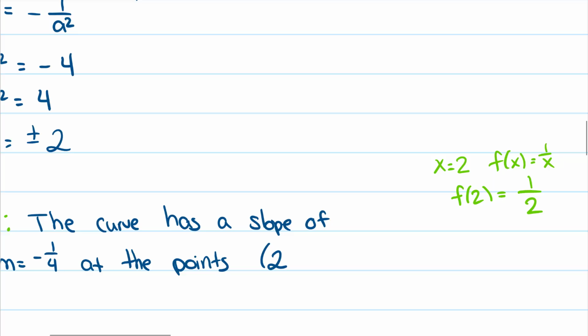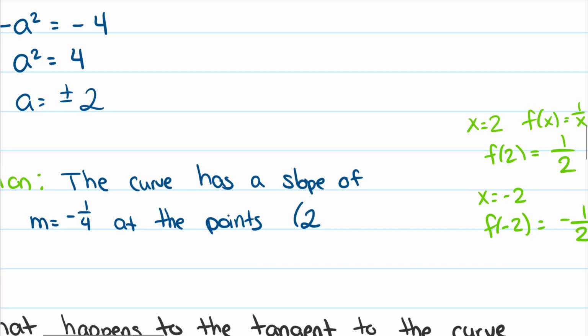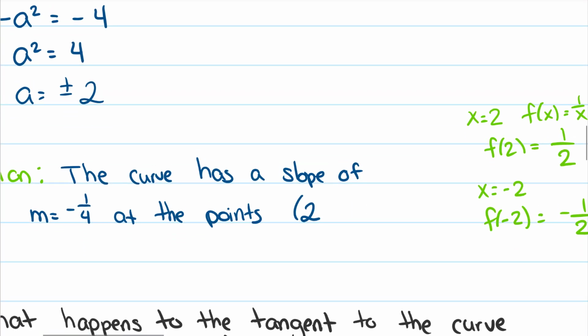And if I want to know the slope at -2, I get f of -2 is equal to -1/2. So the curve has a slope of -1/4 at the points 2, 1/2 and -2, -1/2. So there are 2 points on this graph when the slope is equal to -1/4.